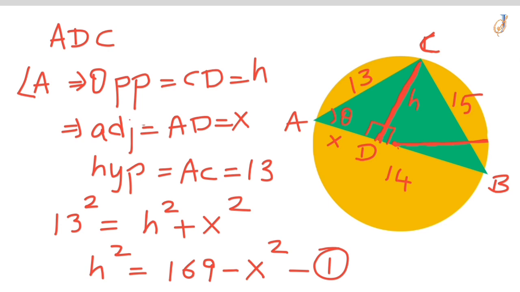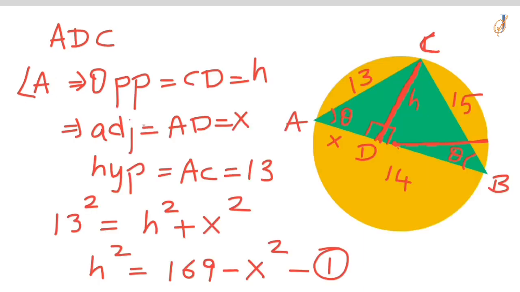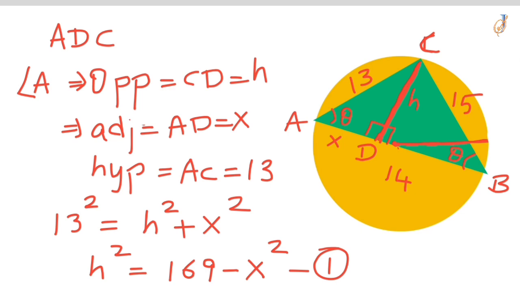Now take this other triangle, which is CDB. In CDB, D is 90 degrees. So if B is the angle, B's opposite side is CD, which is nothing but H, and the adjacent side is DB, isn't it?